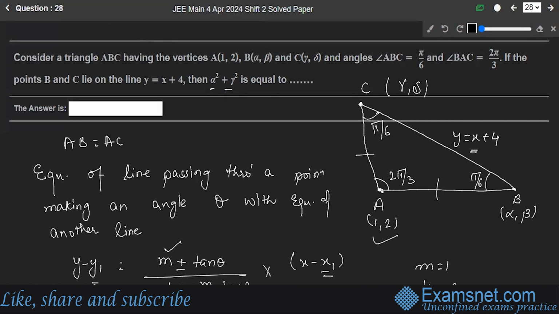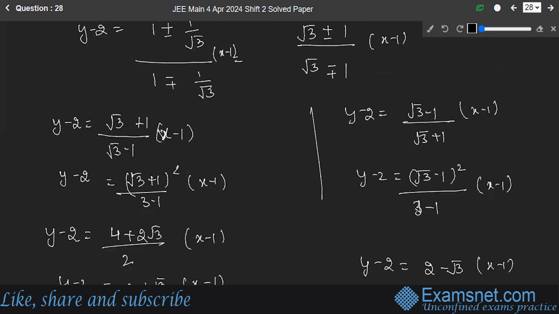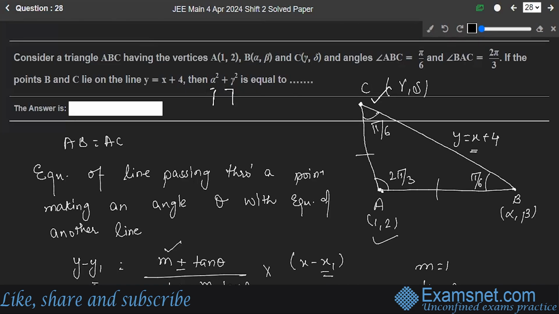Now I'll be taking the alpha value and the gamma value as both of these values. Let's say this is your alpha and this is your gamma. Why? Because pi by 6 angle is made by both of these, like B and C. These lines, AC and AB, both of these lines are making pi by 6 angle with BC. So these are the two possible values for x, which we just solved.